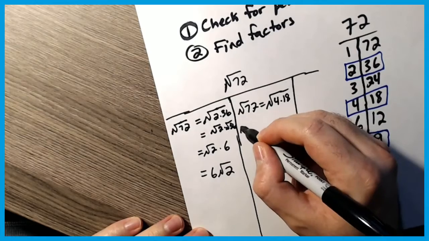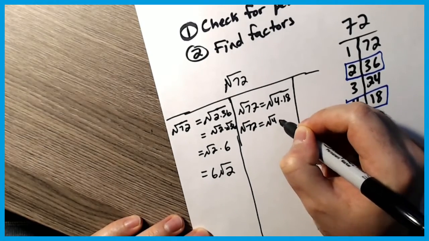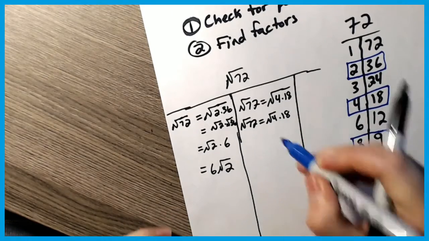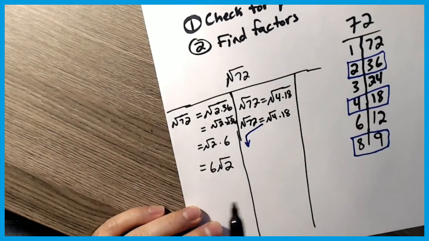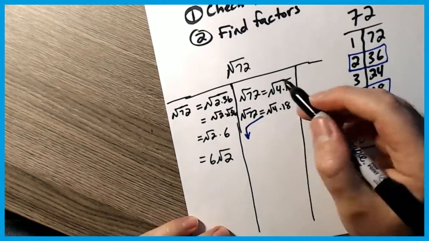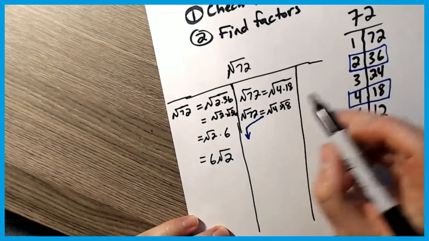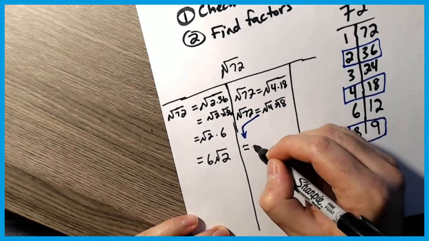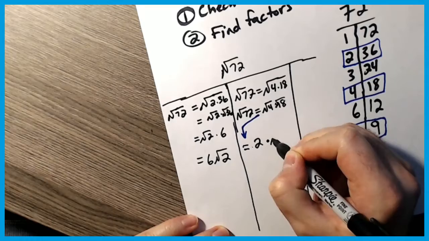And for the sake of space, I'm going to move my equal sign over here, which is okay. Just understand that the square root of 72 is still there. Alright, so now we've got equals, the square root of 4 is 2 times square root of 18.